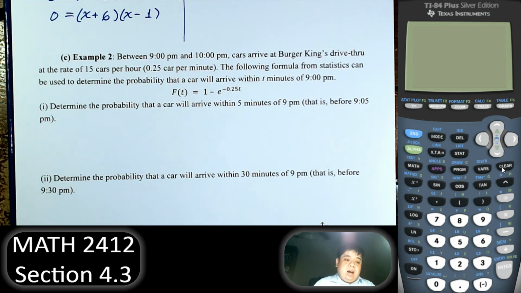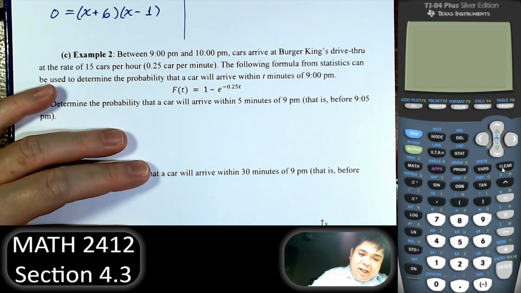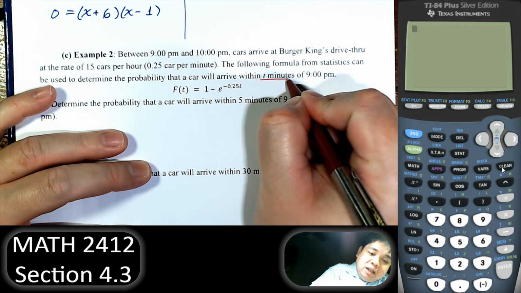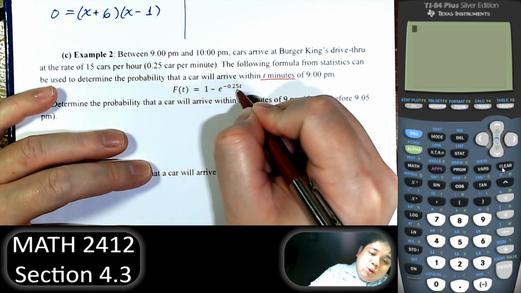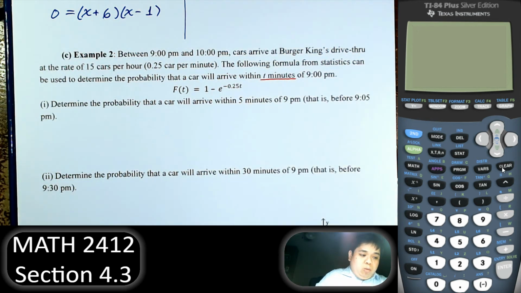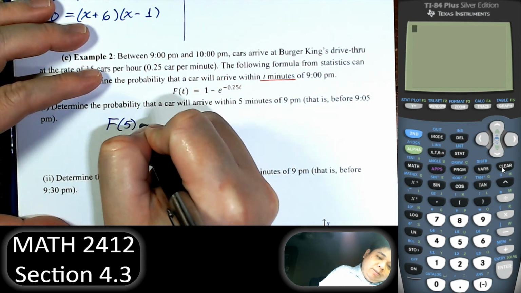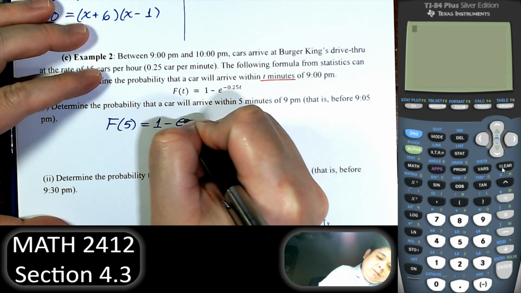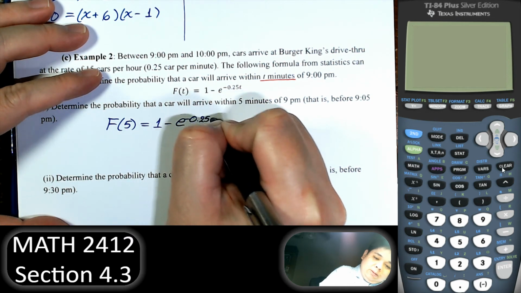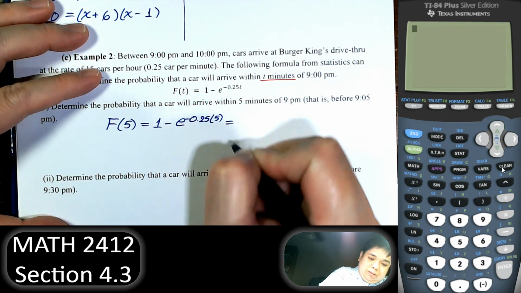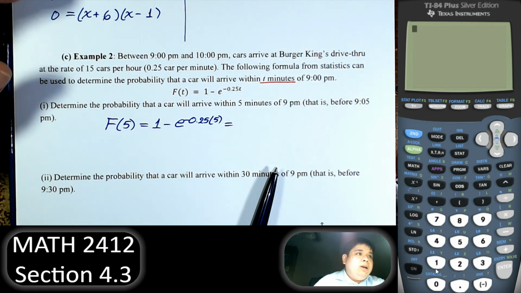That is between 9 and 9:05. So in the equation, t is in terms of minutes, and we're just going to put it directly in this equation. So pretty much what we do is f of 5, we put 5 in for t, 1 minus e to the negative 0.25 times 5.